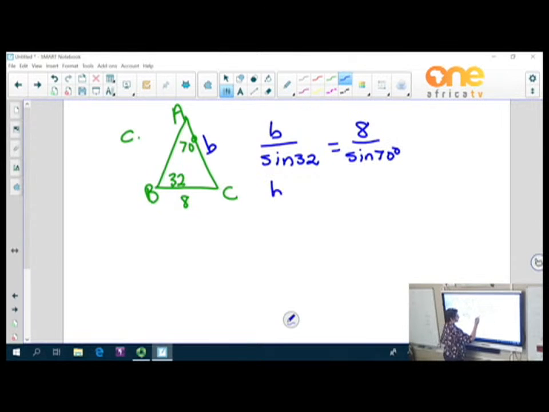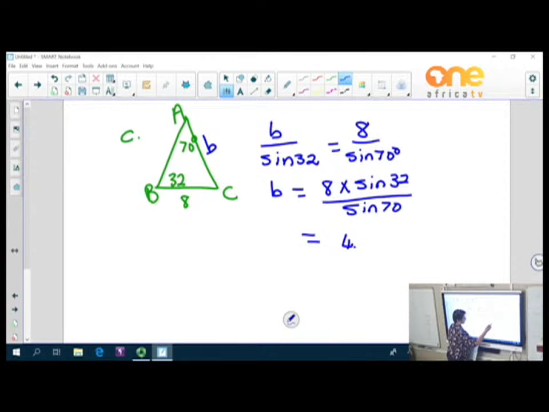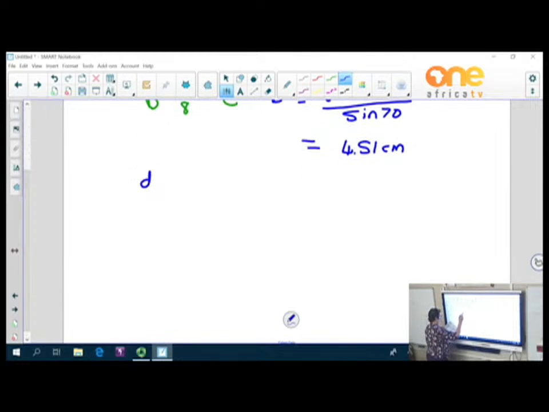So I will multiply 8 times sine 32, and the answer is, I got 4.51 centimeters. The next one is number D.